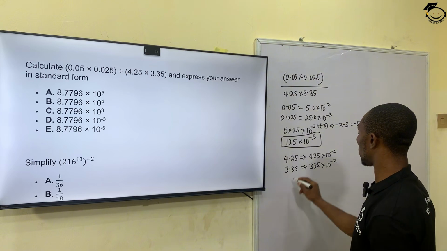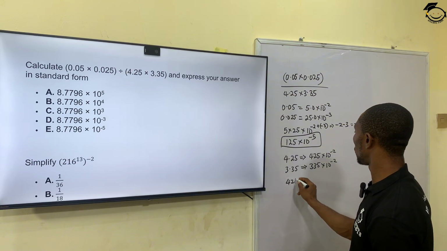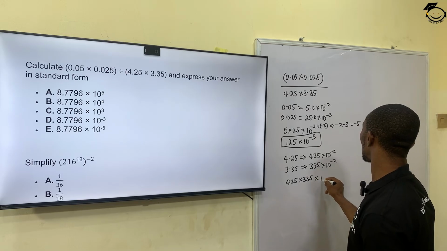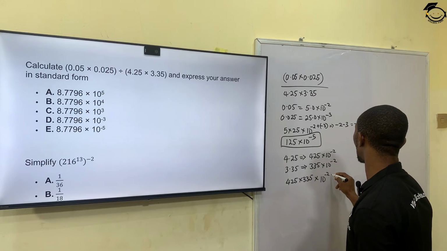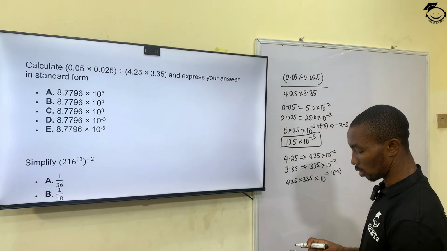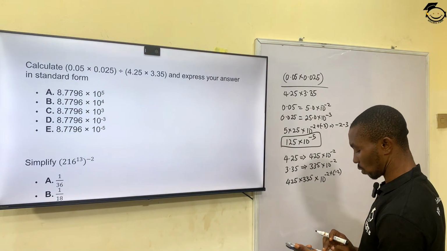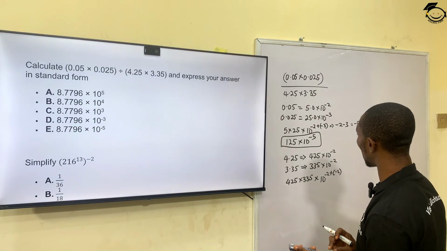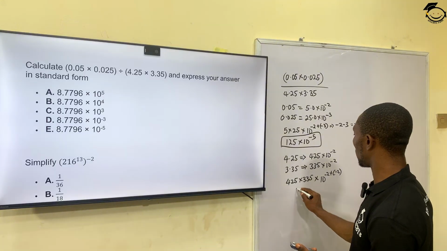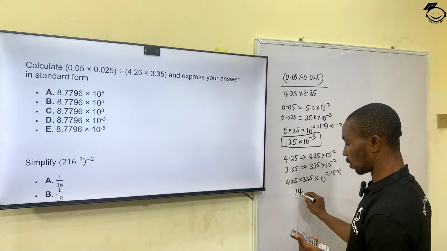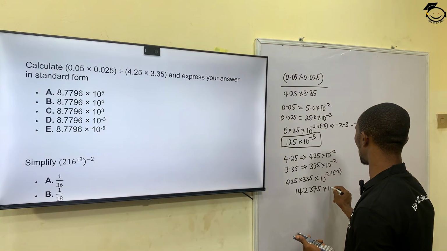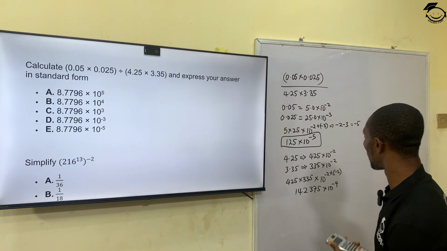Now bringing this together, we have 425 times 335 times 10 raised power minus 2 plus minus 2. Okay, we have this as 142,375 times 10 raised power minus 4.